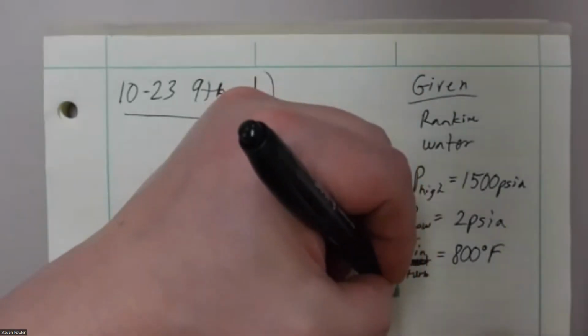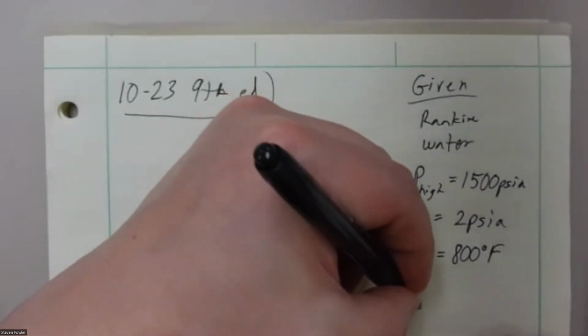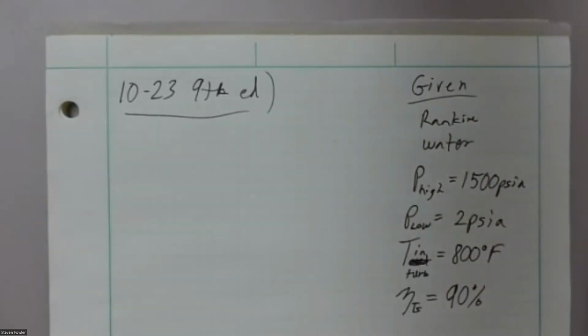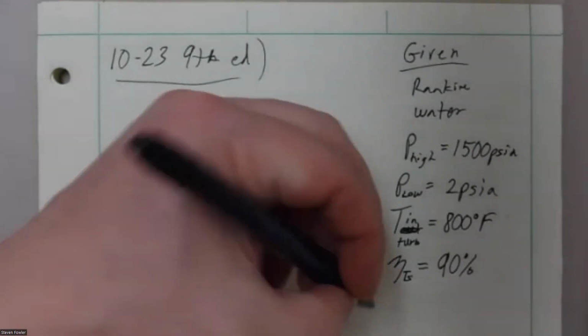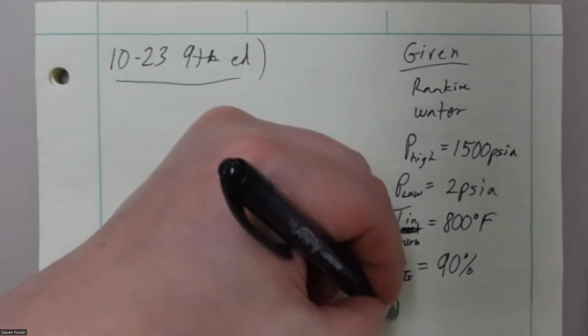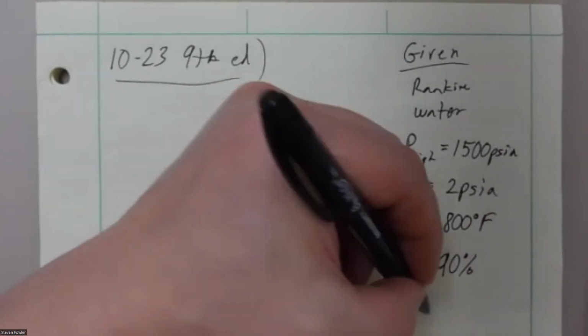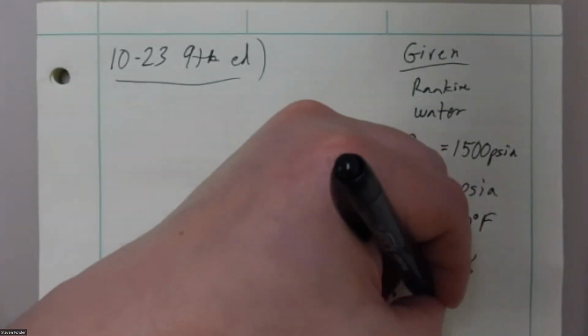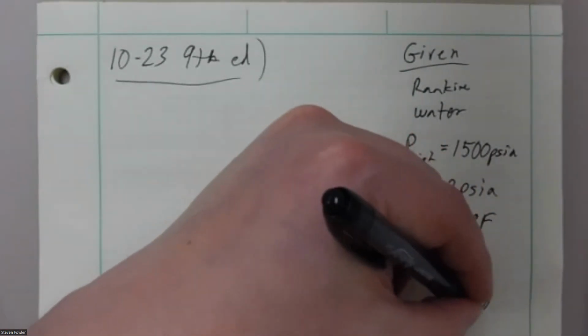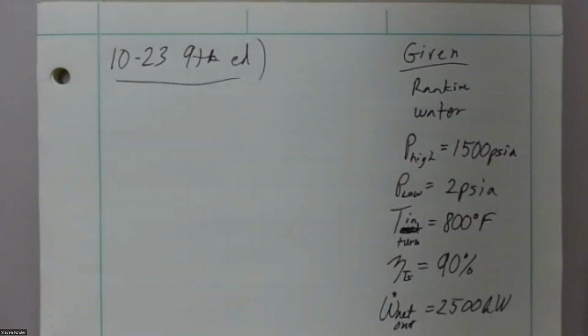The turbine has an isentropic efficiency of 90%. The net power produced by the cycle, W net out, is 2,500 kilowatts, 2.5 megawatts.